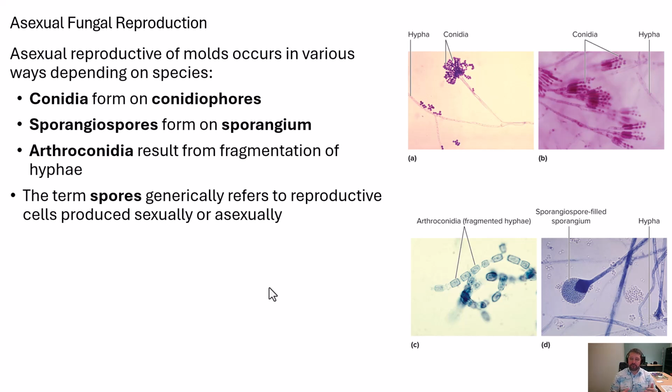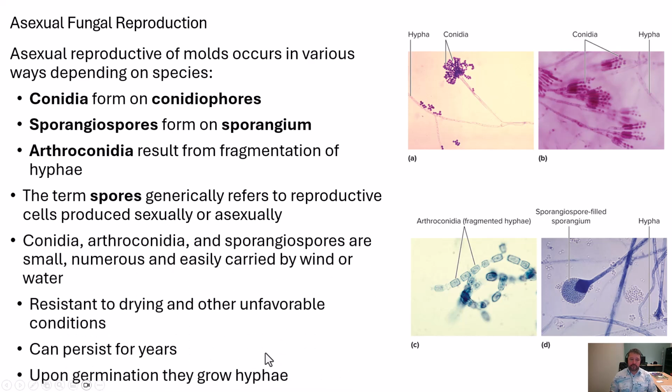That sometimes gets confusing for students, but the term spore just means reproductive cell. And again, how these are distributed across the landscape really depends on the species.